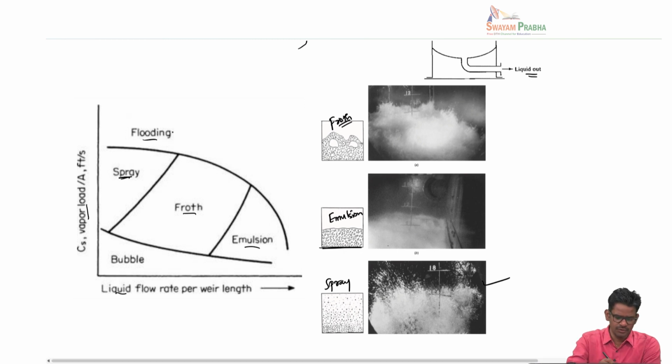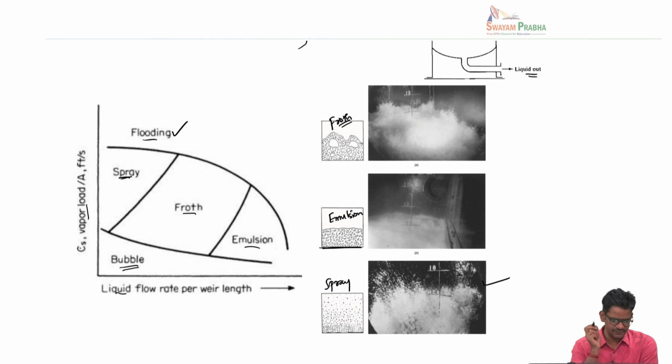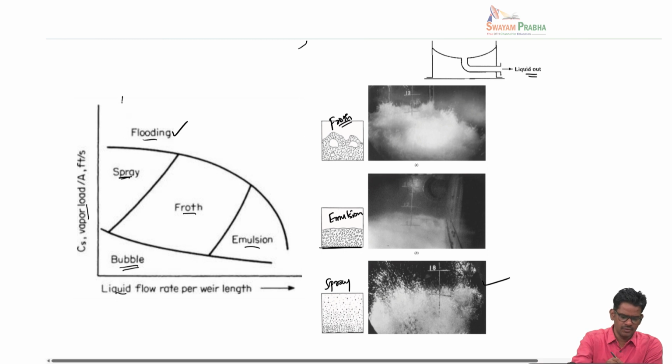Okay, but you don't want to go to flooding, and you don't want to go to very low flow rates. Okay, so when you have very low flow rates, like gas is very small and liquid is very high, then this is called the bubble regime, and that is not very optimal. And another thing is, sometimes when you go to even higher flow rates, you might have what is called entrainment.